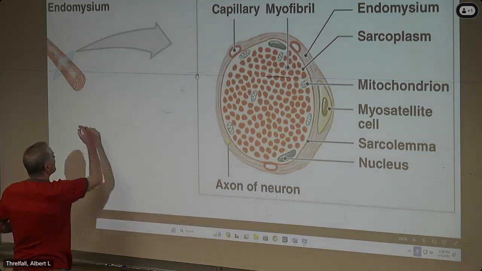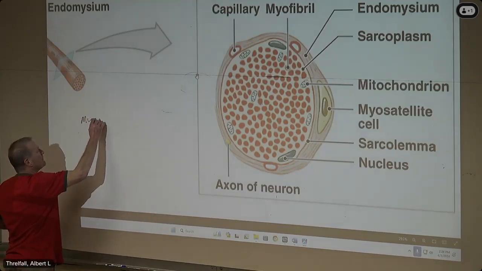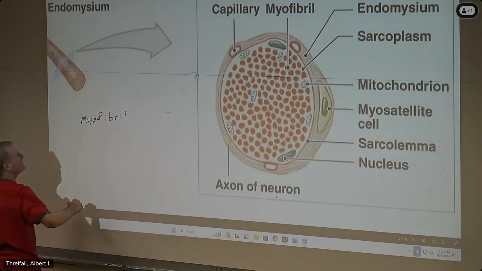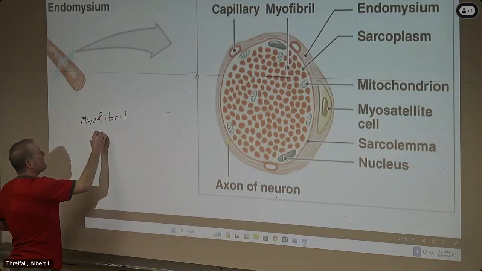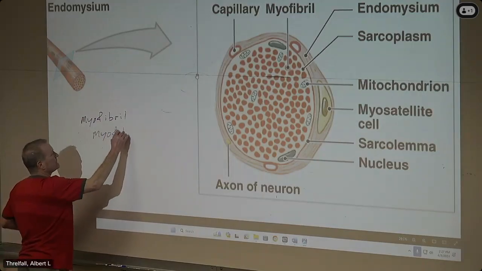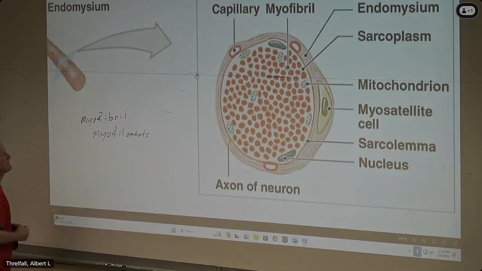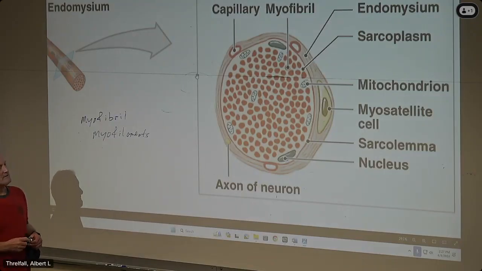So a myofibril is divided into myofilaments. That's almost cute. You know, you can almost just see God and Darwin sitting at a table at Village Inn.